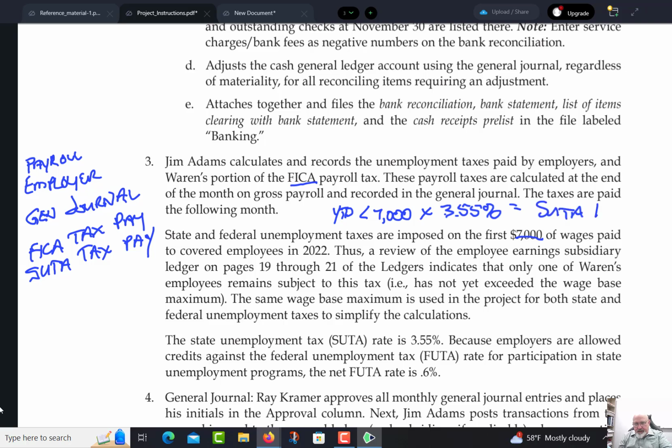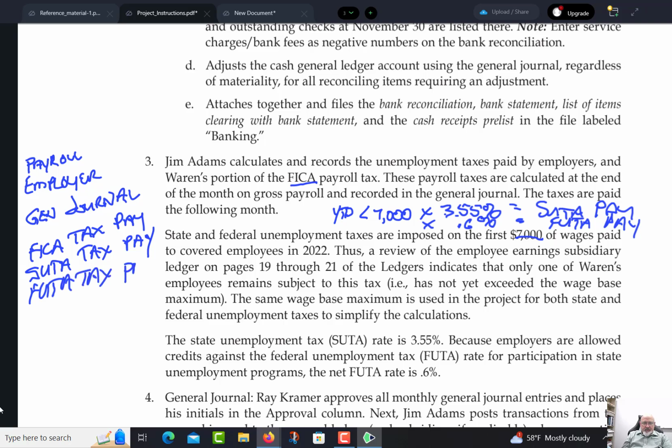And then we take this, whatever the amount is, times 0.6%, and that gives us FUTA payable. The total of all these payables is going to be employer payroll taxes, all right?